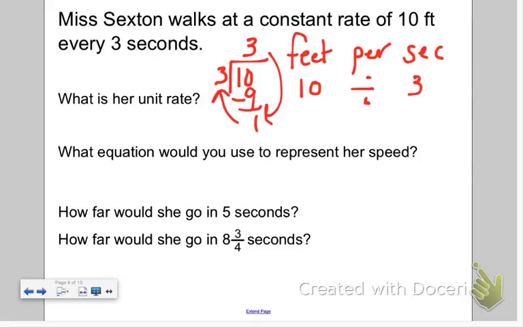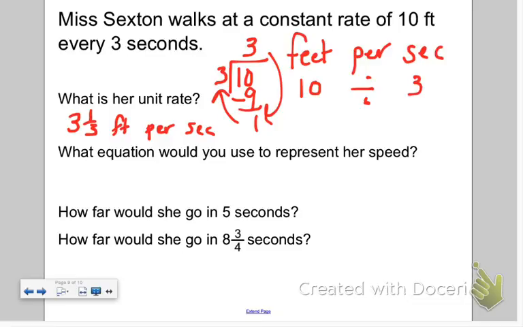So that means that my unit rate is 3 1/3 feet per second. Remember, we said that our independent and dependent variables, our time and our distance, can be fractions. They can be decimals. They don't always have to be whole numbers.